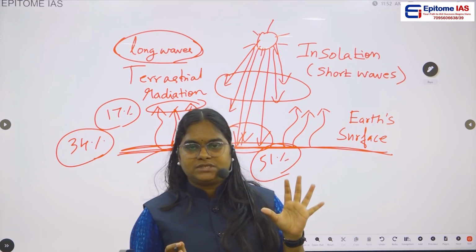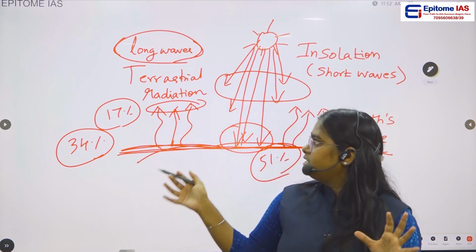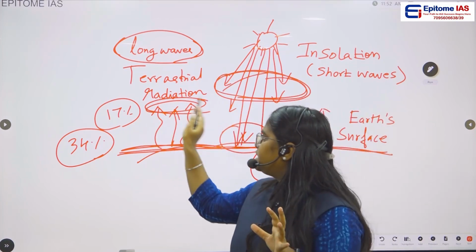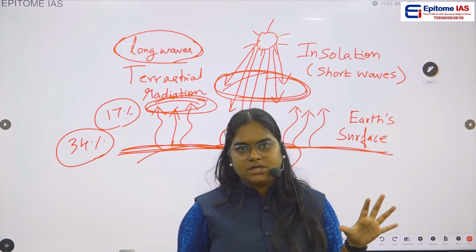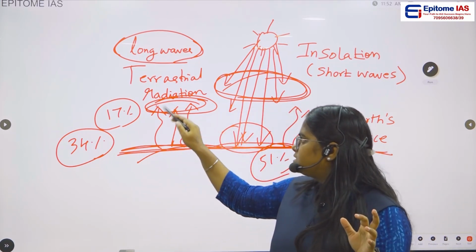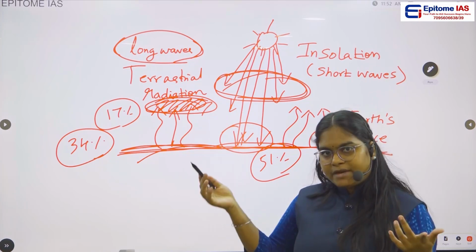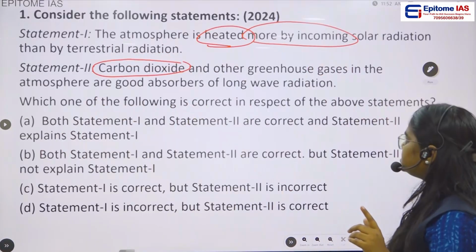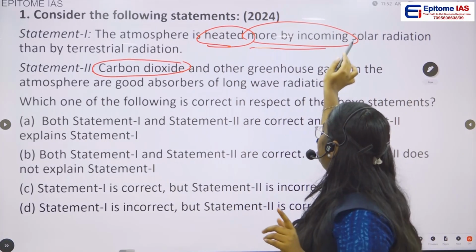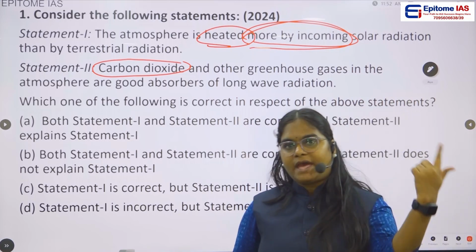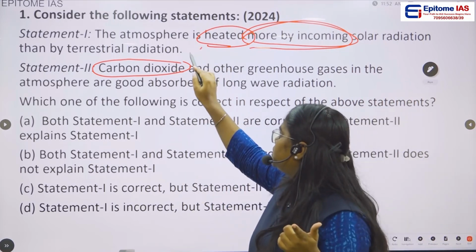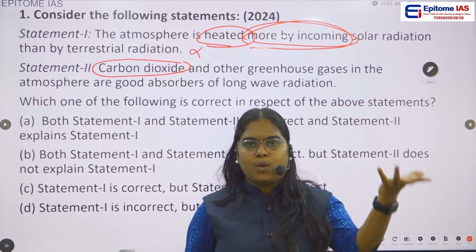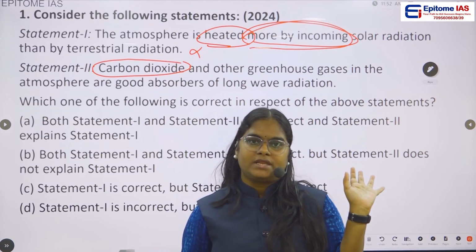So technically, the incoming solar radiation heats up the atmosphere, and the outgoing terrestrial radiation also heats up the atmosphere, and the terrestrial radiation heats it up more compared to the incoming radiation. So the first statement, which says the atmosphere is heated more by the incoming solar radiation than by the terrestrial radiation, is wrong. Why? Because the terrestrial radiation heats up the atmosphere more compared to the incoming solar radiation.